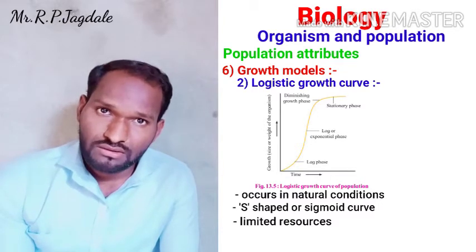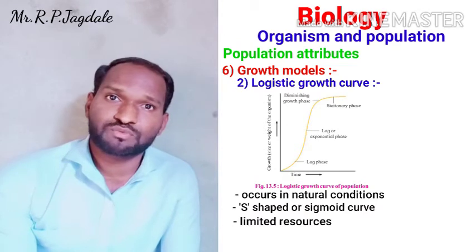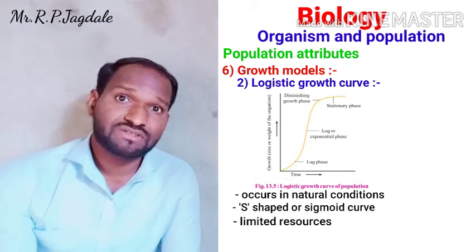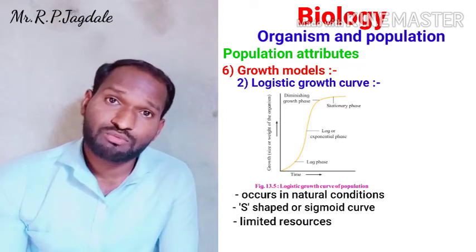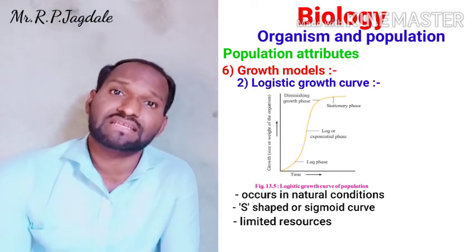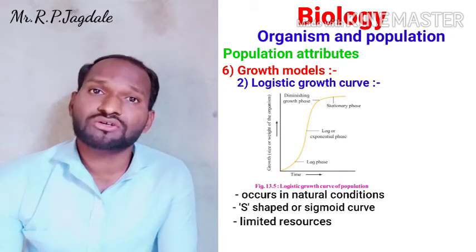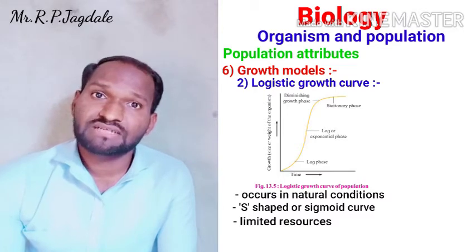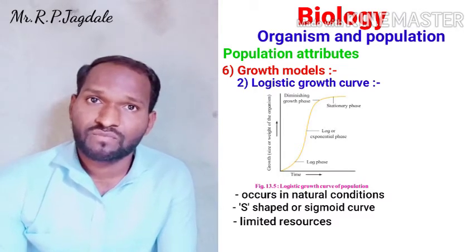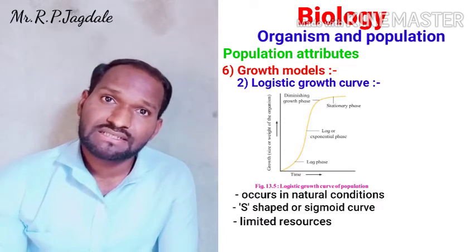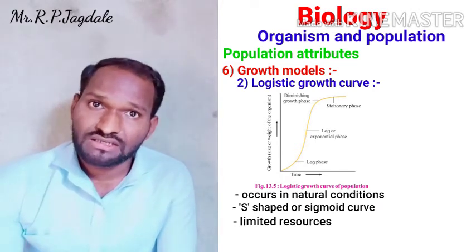Then the rapid reproduction is the same as the exponential growth, but after some time, in the exponential growth, the reproduction rate or the population keeps increasing. But in the case of the logistic growth curve, at some stage the population becomes stagnant or steady. It is not actually steady, but it is somewhat steady. We will see what happens there.